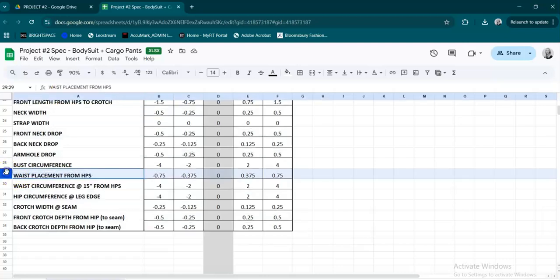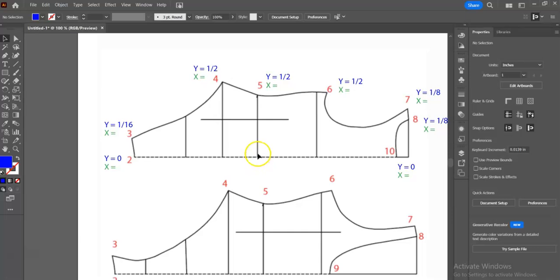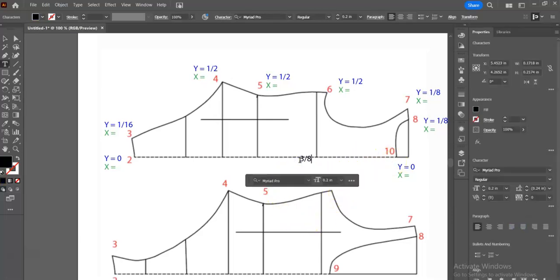I have a waist placement from high point shoulder. So this distance from waist to high point shoulder is going to be 3/8 of an inch. So I know now that I need to account for 3/8 of an inch above my waist.